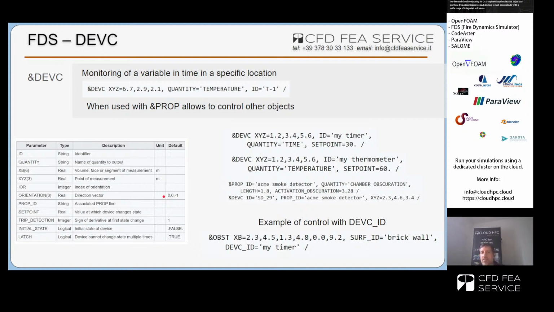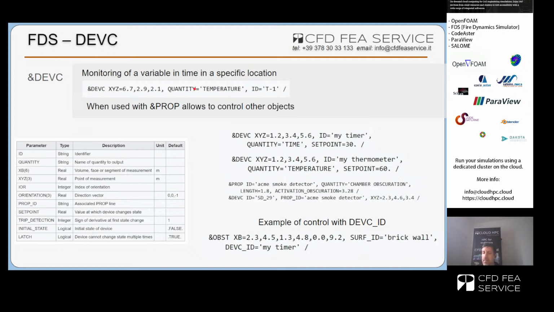Finally, we have another very specific way to monitor quantities in our analysis, and this is called the device. A device is basically a point in our domain defined by three coordinates, x, y, and z. At these coordinates, we can monitor a specific quantity like temperature.